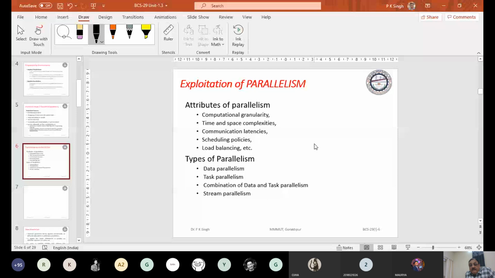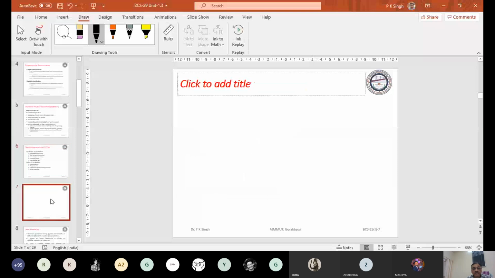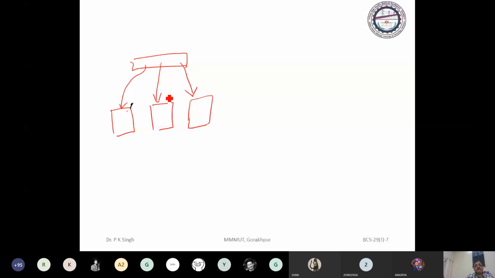Scheduling policy means you have several processing elements, and we have to schedule which instruction, which thread or which process will be executed by these processing elements.